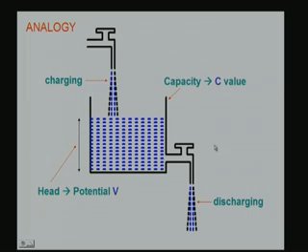So, analogously this particular system which we probably see every day, a bucket getting filled with water and then getting discharged, will relate very well to a capacitance action. And the volume of the water is actually the charge that is put into the bucket or into the capacitor.